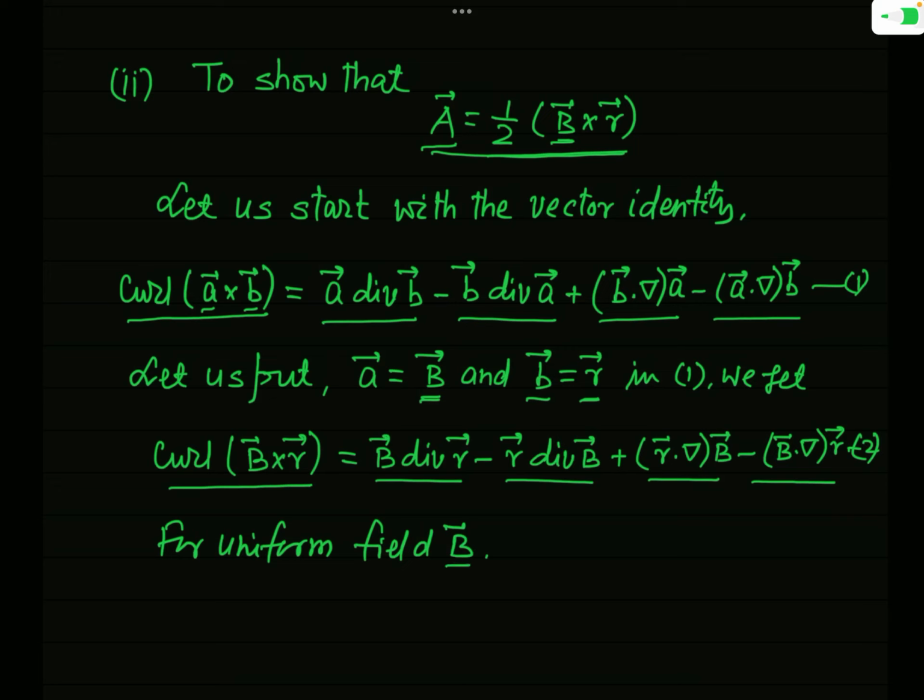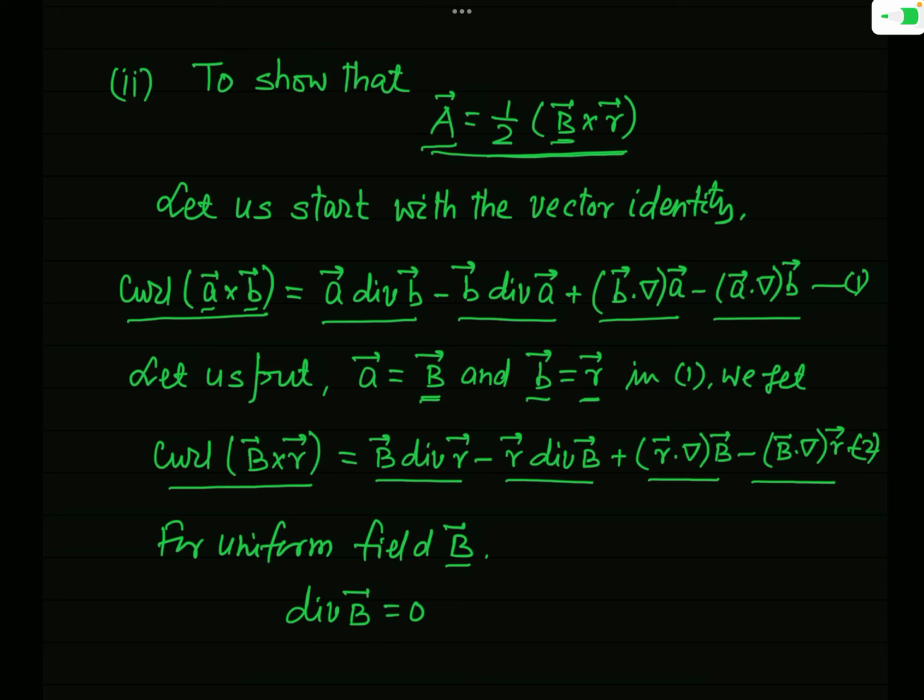Since B is here constant, so we can say that divergence of B will be equal to 0. Because divergence means simply partial differentiation with respect to a space coordinate. And when you differentiate this constant field vector B with respect to a space coordinate, this will be simply 0.